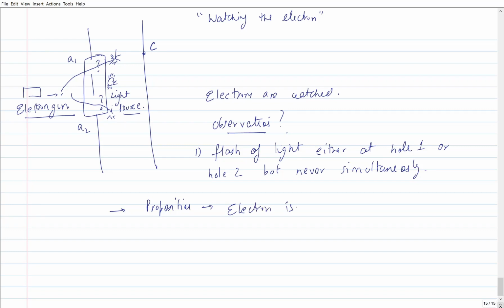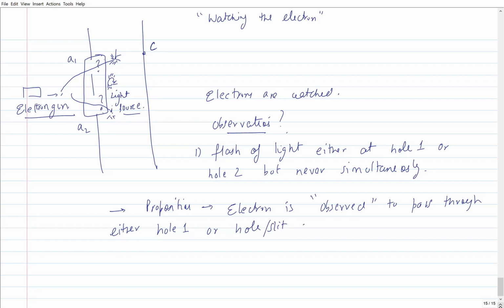So let's say my proposition now is: the electron is observed to pass through either hole 1 or hole 2. Well, I'm using the word hole and slit interchangeably.